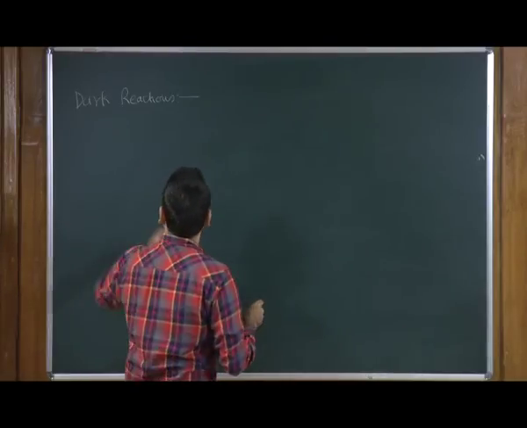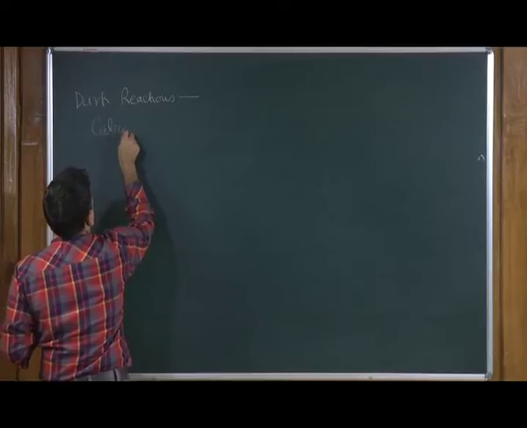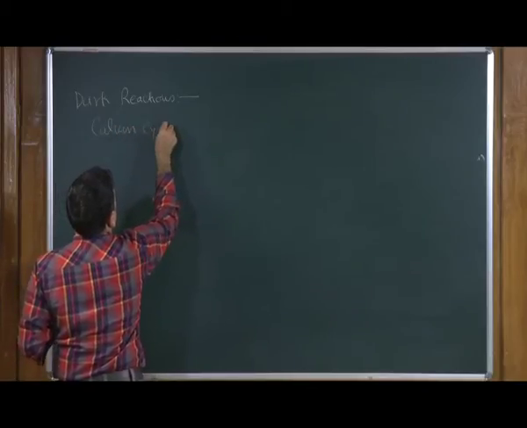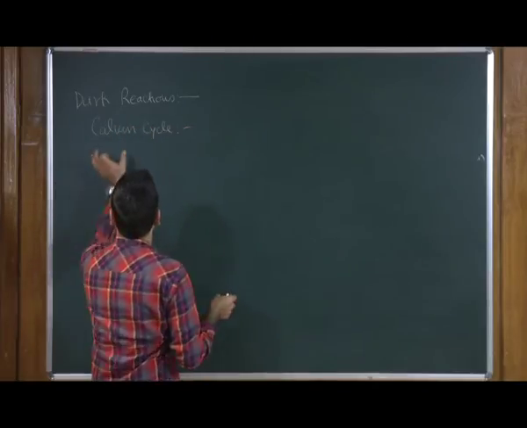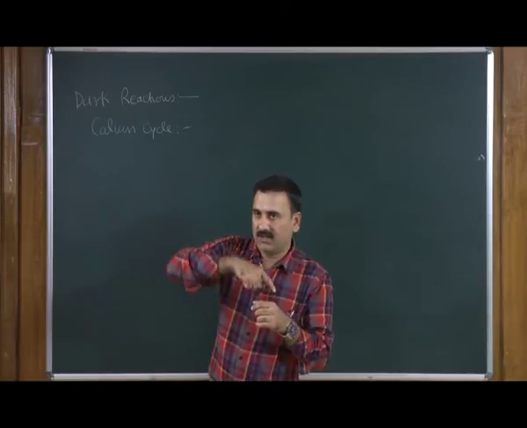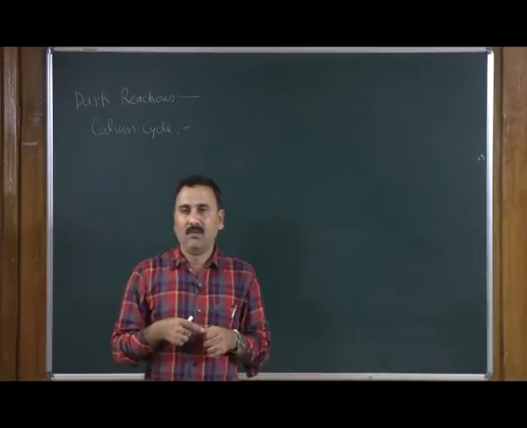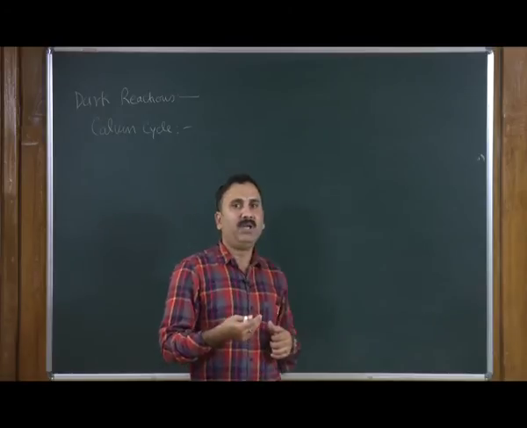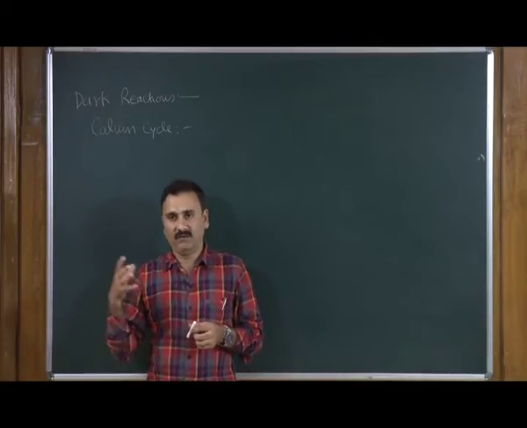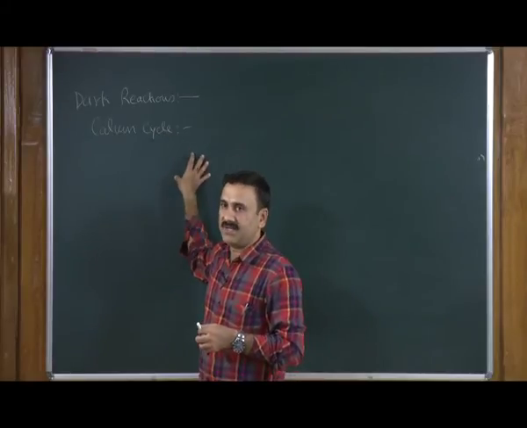The dark reactions are also known as the Calvin cycle. Why is it called a cycle? Because the reactions happen in a cyclic manner, and because they have to trap the carbon dioxide present in the environment, the Calvin cycle has 3 important steps.